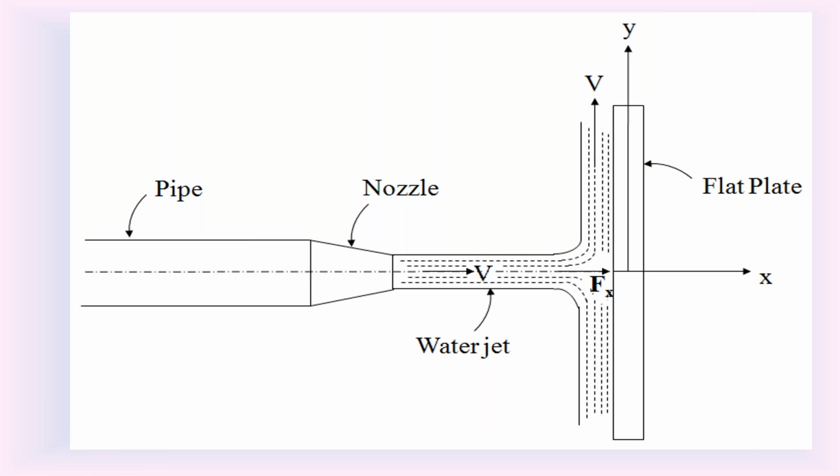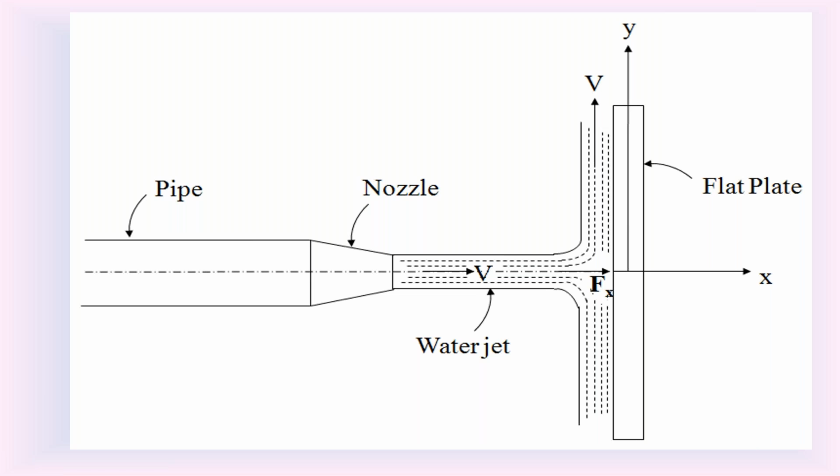Without loss of energy, the water jet is moving along the surface of the flat plate in the upward direction. After impact, the water jet is moving along the surface of the metal plate, that is in the vertical direction, with the same velocity v because there is no friction.